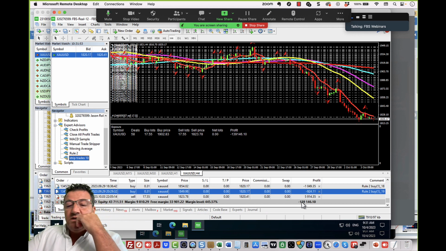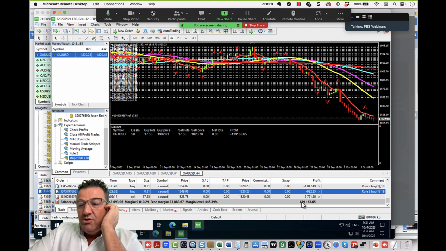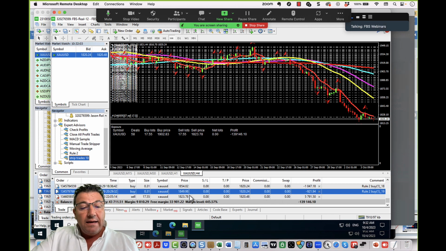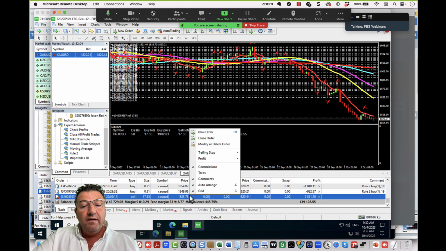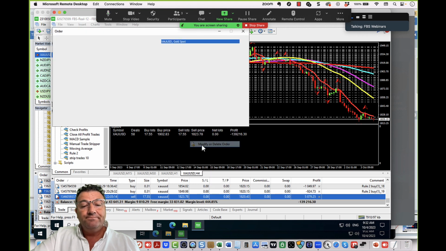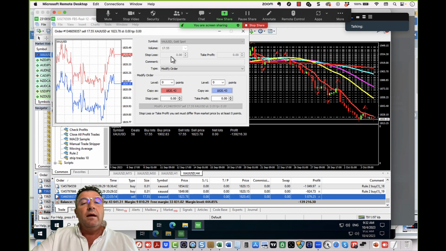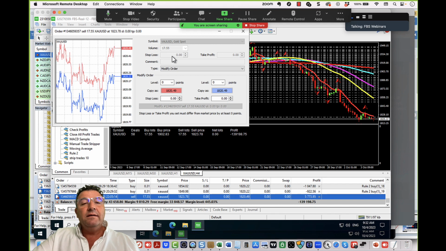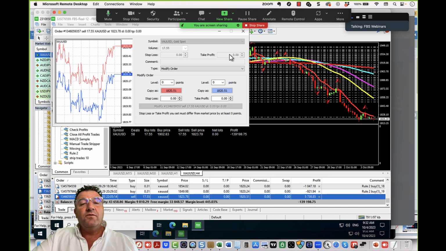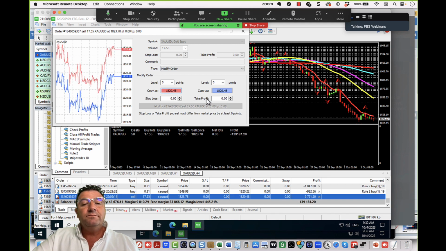It may go to 1810 or 1800. When it moves past the fractal and it gets to, let's say, 1800, if this was my account, I would then modify this order and I would put in a take profit.